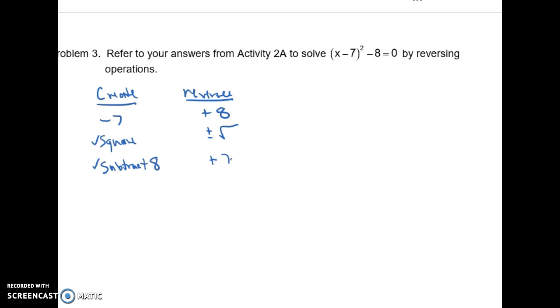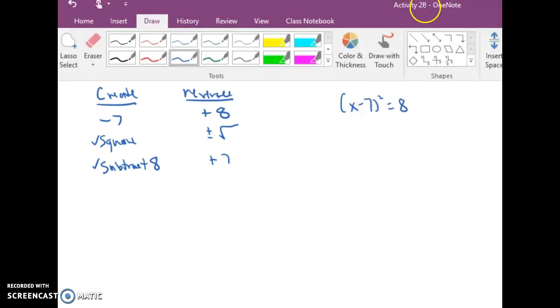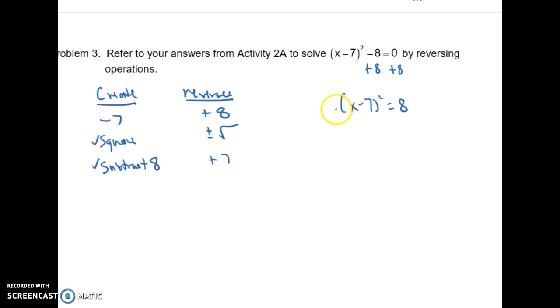So let's start with that. First step, we're going to add 8 to both sides. x minus 7 squared equals 8. And then my next step is going to be to take the plus or minus square root and then add 7.